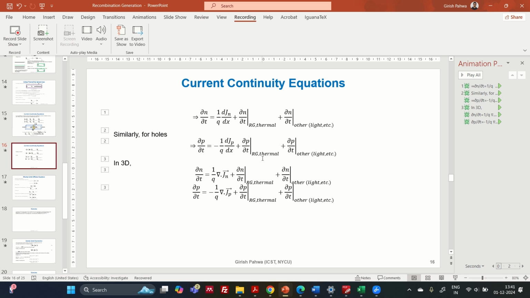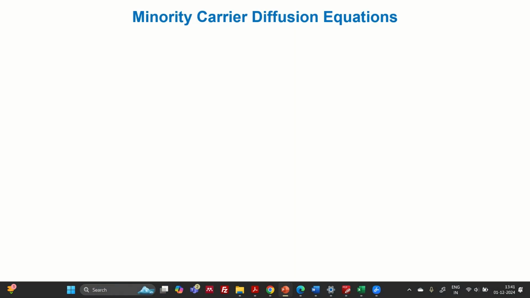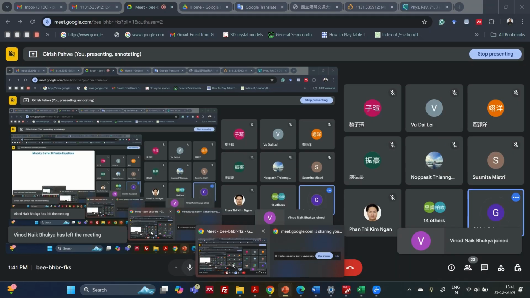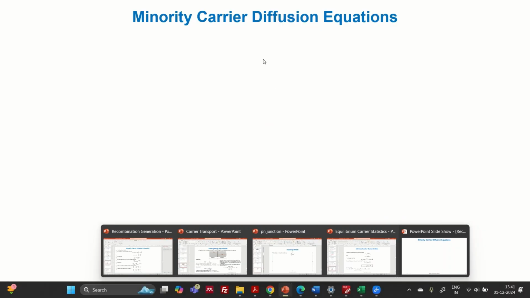So let's build upon this. Okay, so let's talk about minority carrier diffusion equation. So what are these? Now there can be situations where you know that the electric field is small in your semiconductor region, and the drift current is not dominating; it's the diffusion current that is dominating.